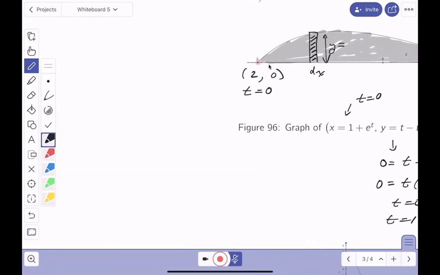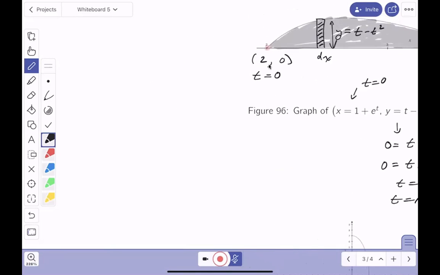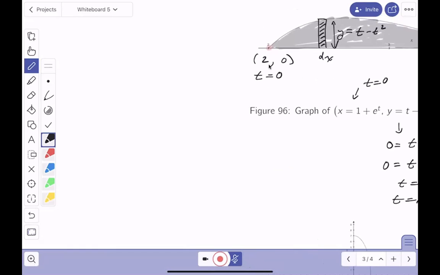Well, what's y equal to? Y is equal to t minus t squared. All right, let's write this down. The area under that curve, I'm starting at 0 and stopping at 1.